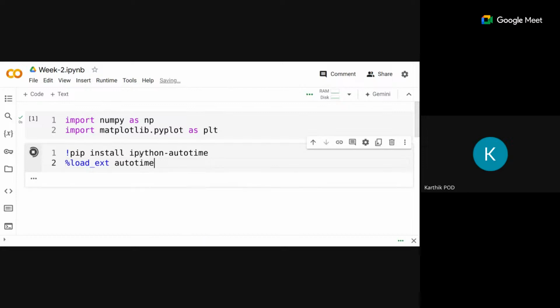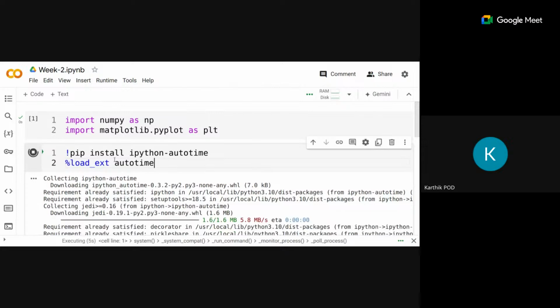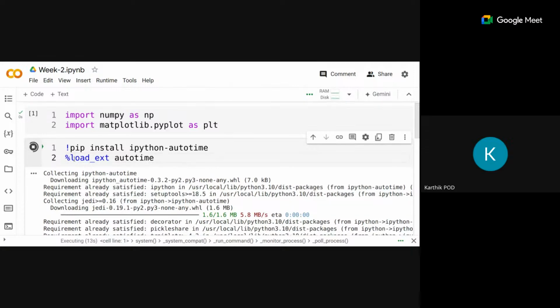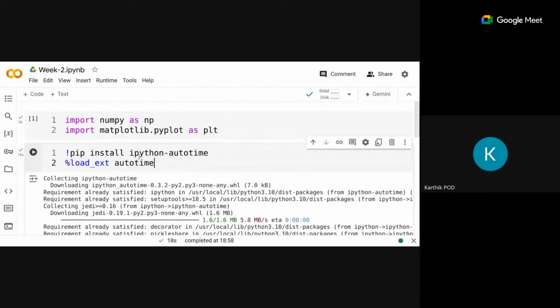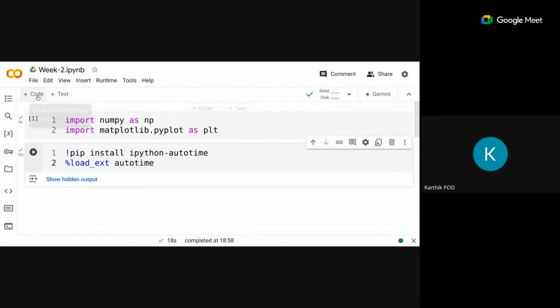I'm installing this so that we can measure the time taken to run different snippets of code. This installs something called auto timer, which will time our code.